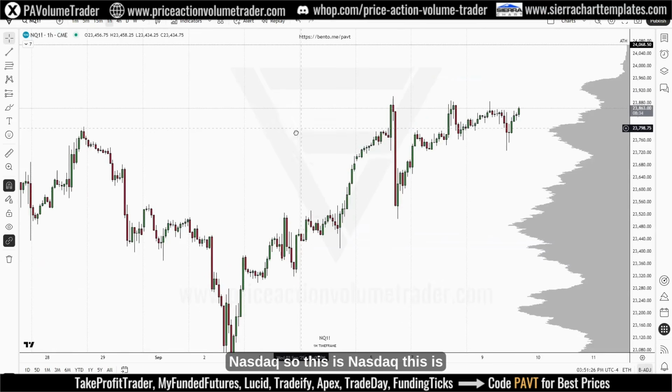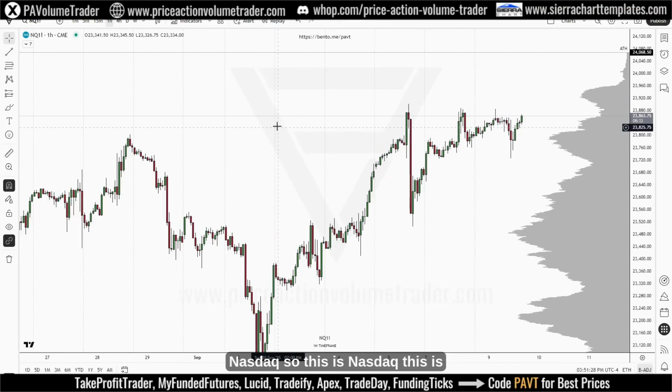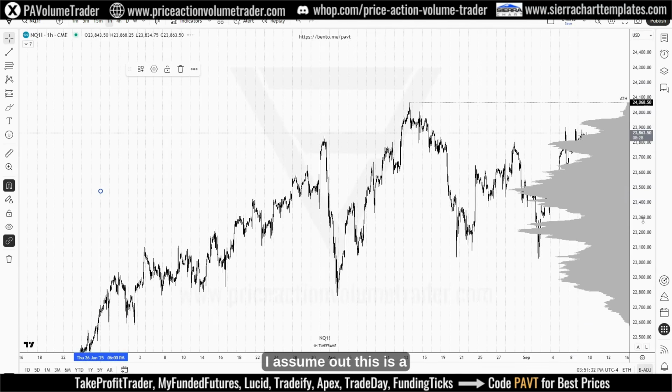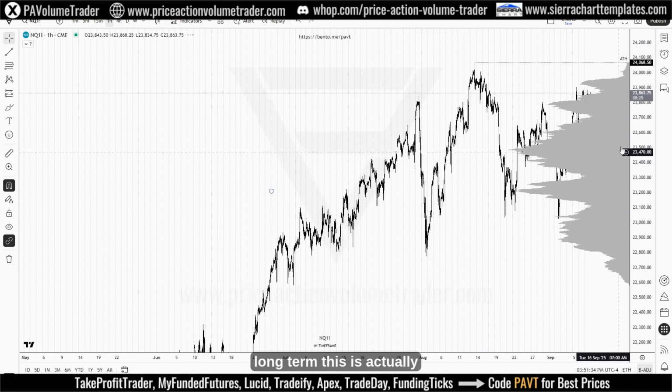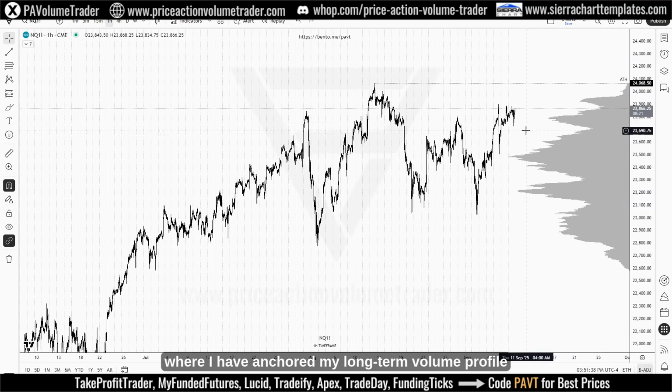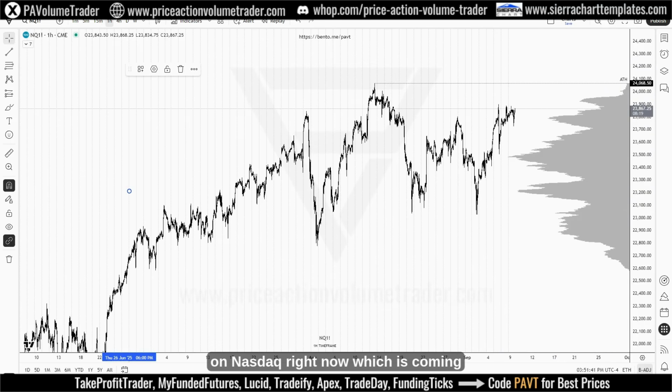Let's go into NASDAQ. So this is NASDAQ. This is a 1-hour chart. And if I zoom out, this is a long-term. This is actually where I have anchored my long-term volume profile on NASDAQ right now, which is coming from right here, June 2025.